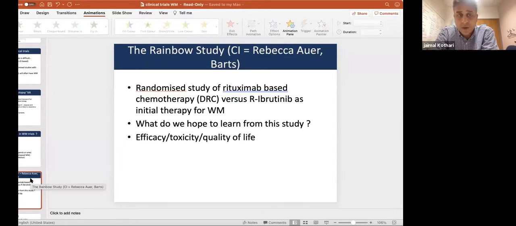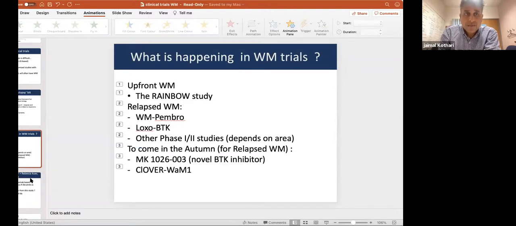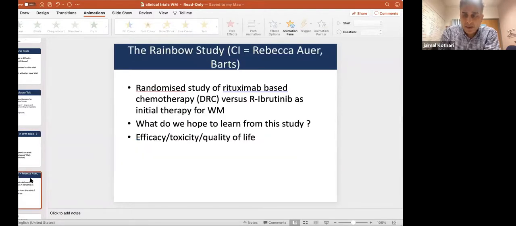So irrespective of where you live in the country, I think you will certainly find a centre that's offering the Rainbow study, hopefully not too far away from you. And you can always go via CRUK or WMUK, and I've got the addresses later, to check what sites are potentially open for this.